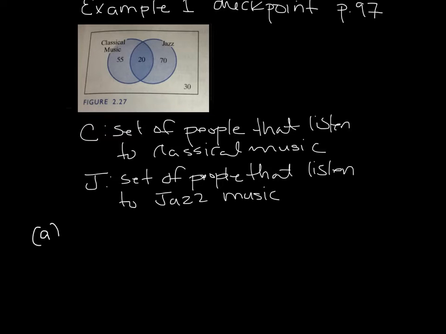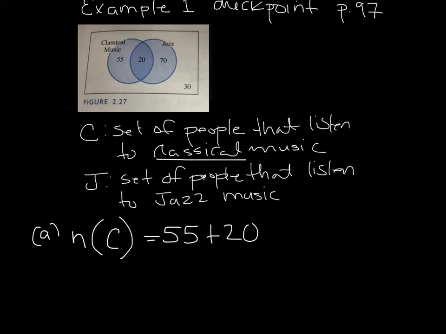So the cardinality of, and I called my set C, classical music, is just going to be everybody in here, well, 55 people plus 20 people. 55 plus 20, so that's just 75 people listen to classical music.